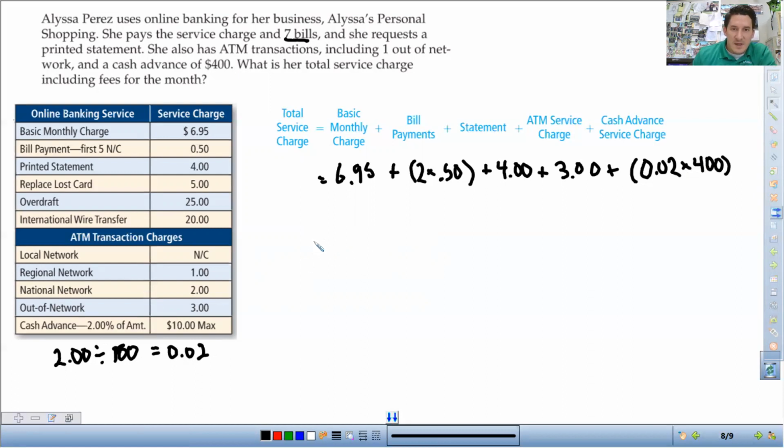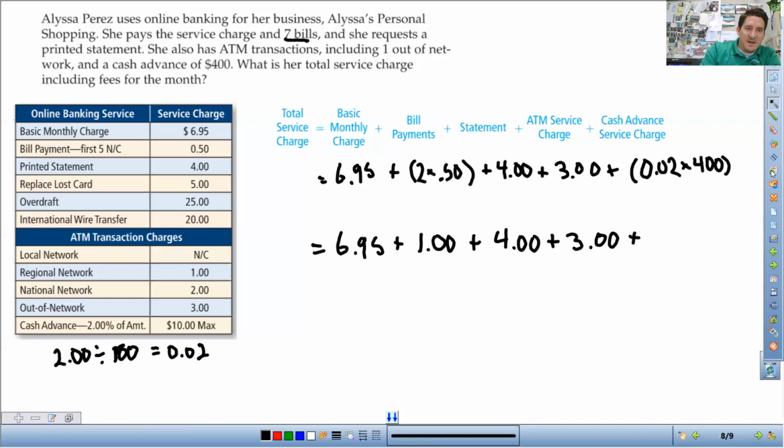So when we simplify this a little bit, it's $6.95 for the monthly bill pay. It's going to be $1 for the bill payments, since 2 times 50 cents is $1. The statement is $4. The ATM service charge is $3. And then finally, the charge for the cash advance is 2% of 400, and that is $8.